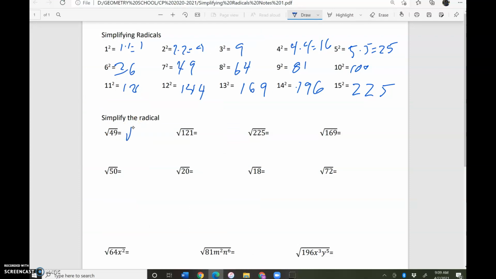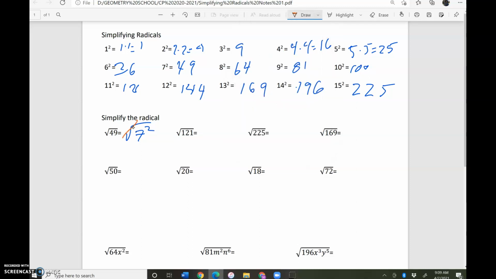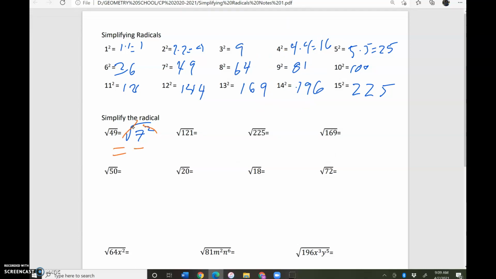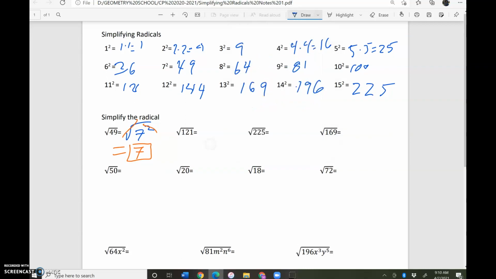So this is actually the same thing as the square root of 7 squared. And so what happens when we do that, the square root and the square cancel each other out and leave us with the value. Okay, so that is what's taking place. With 121, again, same thing happens.